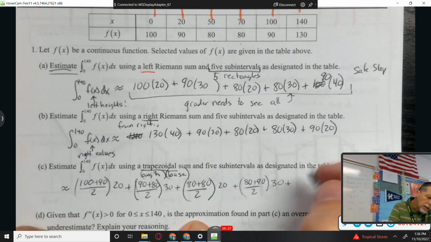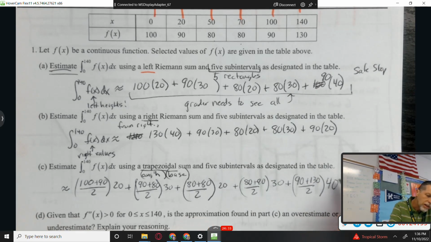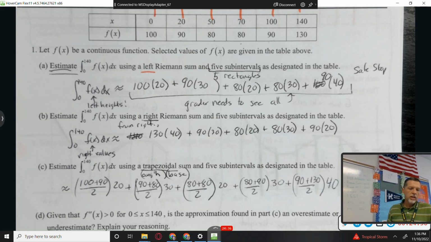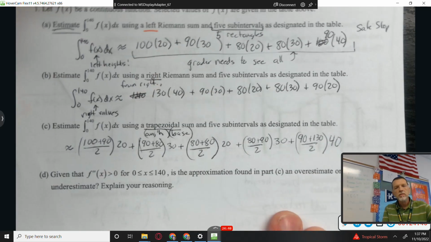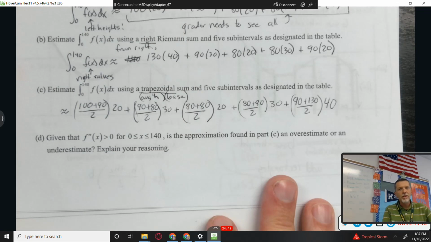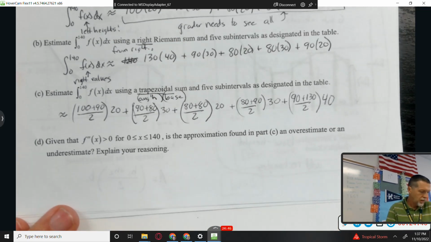And 90 plus 130 over 2, width of 40. And again, leave it alone. On a multiple choice, sure, you'd have to multiply it out and get an answer, but stop there.